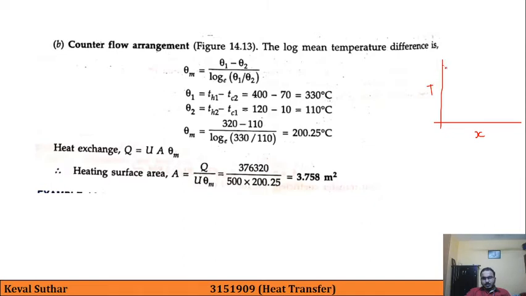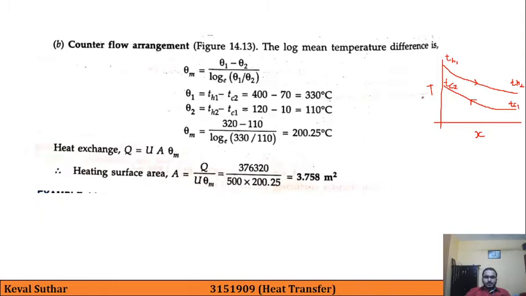Let's say the hot fluid has a flow like this, that is TH1 and TH2, and for the counter flow arrangement the cold fluid will be like this, that is TC1, and here it will be TC2.